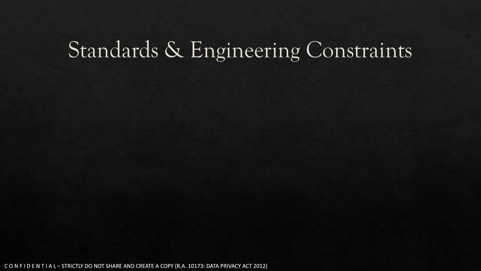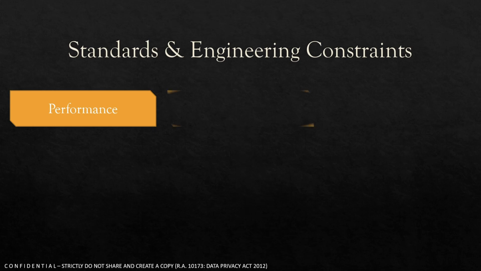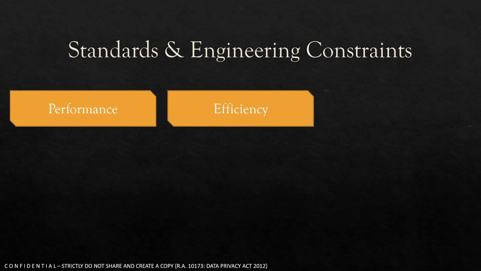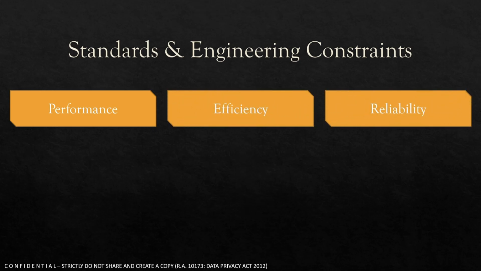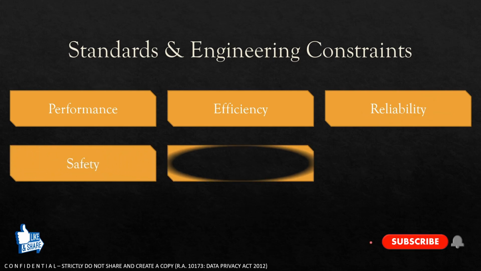Now, what are the standards and engineering constraints? Embedded systems are built for specific purposes and are optimized to meet different kinds of constraints or limitations, such as the following. First is the performance. Second is the efficiency. Third is the reliability. Fourth is the safety.